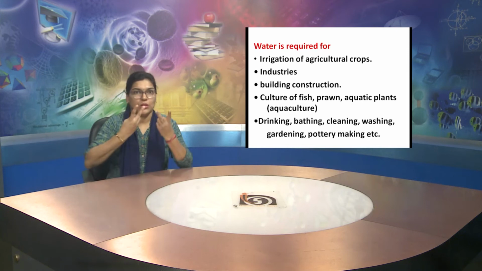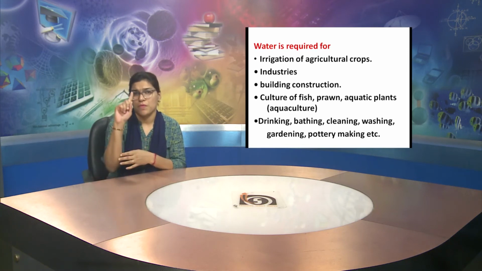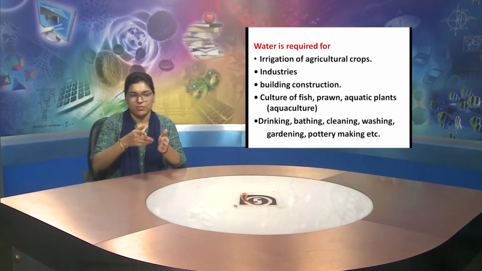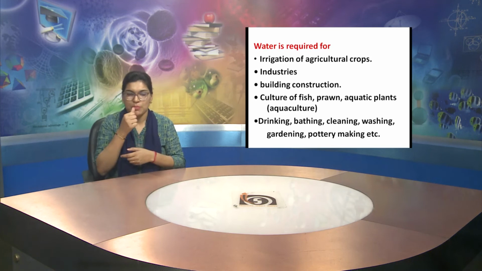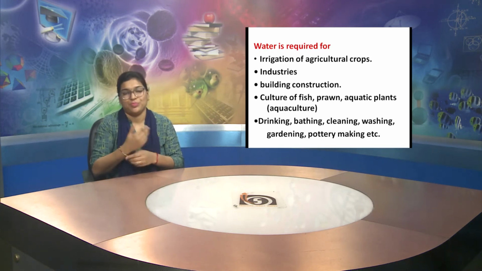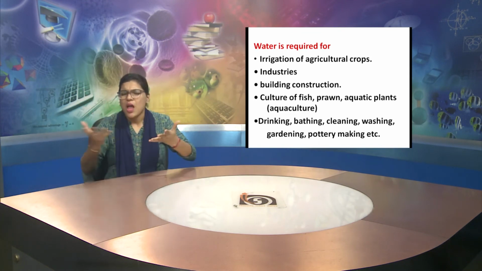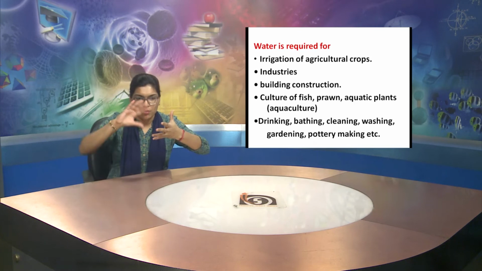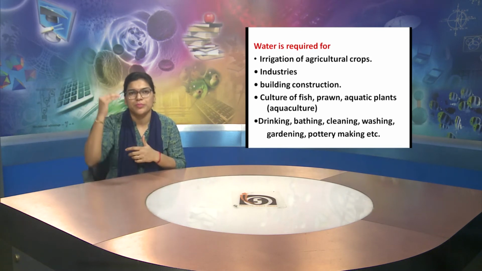And we all know that water is needed for different purposes. The first purpose of water is it is used for irrigation of agricultural crops. And the other usage of water is it is used in industries. So water is important.